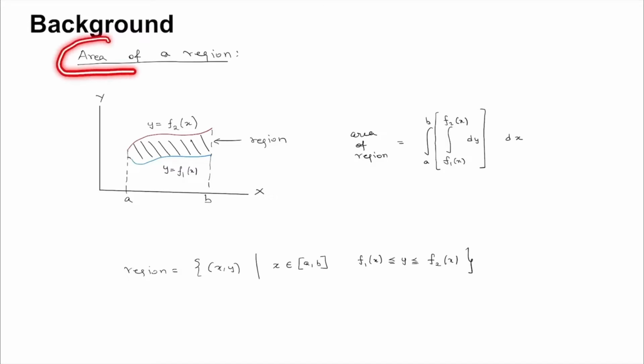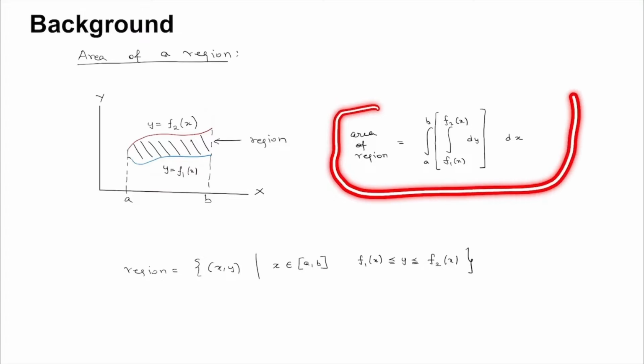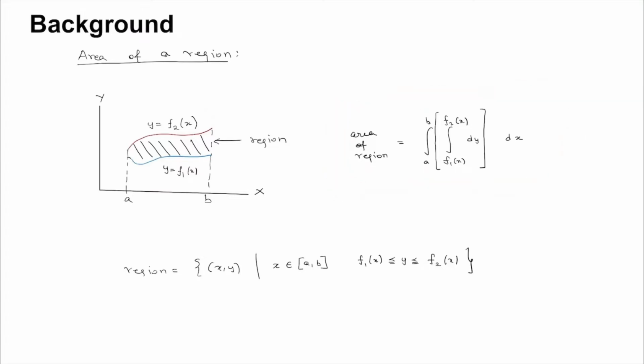You also need to know how to perform the area integral. If I give two curves and ask you to find the area of the region sandwiched between these two curves, given as y equal to f of x notation, it's very similar to the previous thing, except now it's just a double integral.